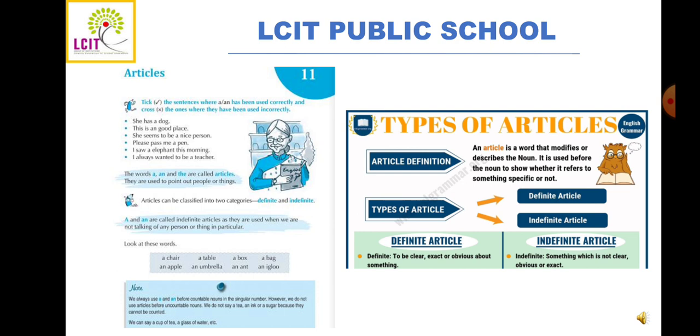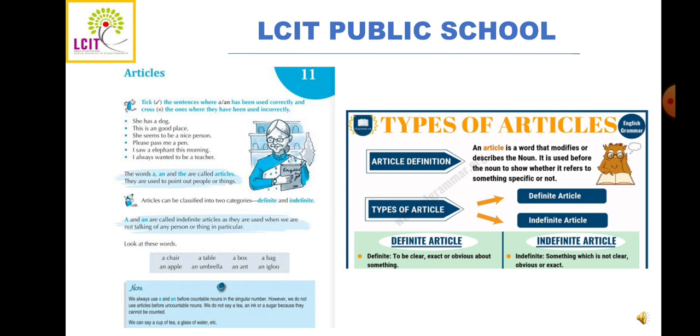The first type of article is the indefinite article. There are three words in articles: a, an, and the. These three are divided into two categories. One is a and an, the second is the. So a and an are indefinite articles. What is an indefinite article?